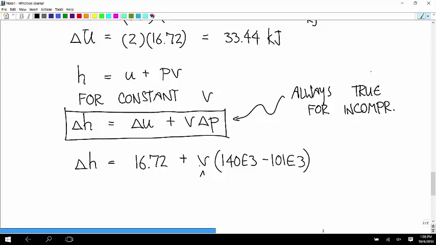Now remember, when you did this kind of stuff in physics, you treated the density of water as a constant of 1,000 kilograms per cubic meter. The reciprocal of that is the specific volume, and we're just going to treat that as 1 times 10 to the minus third.